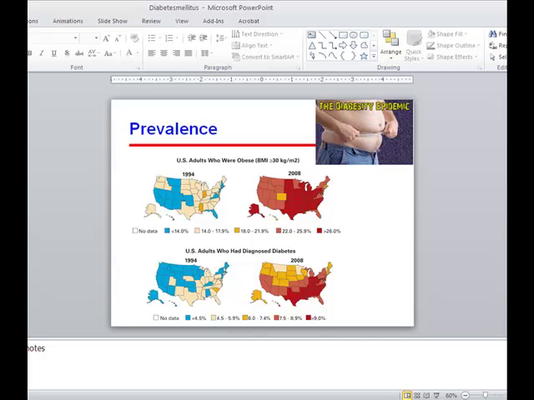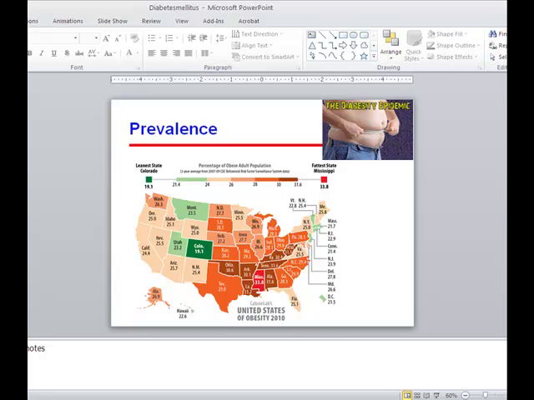This shows, from the same study, the prevalence of adults with diagnosed diabetes. Again, it's more in the South and the Midwest, so it goes along with the prevalence of obesity, and it's increasing in every state.